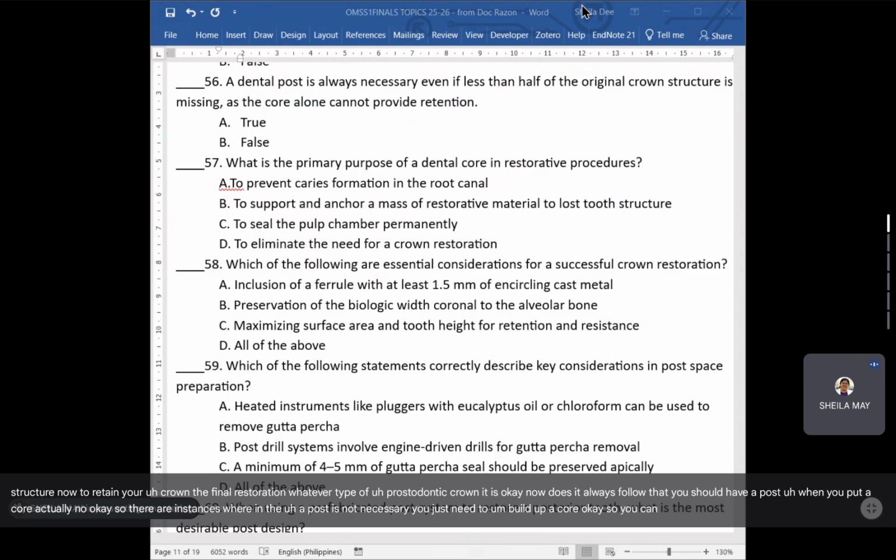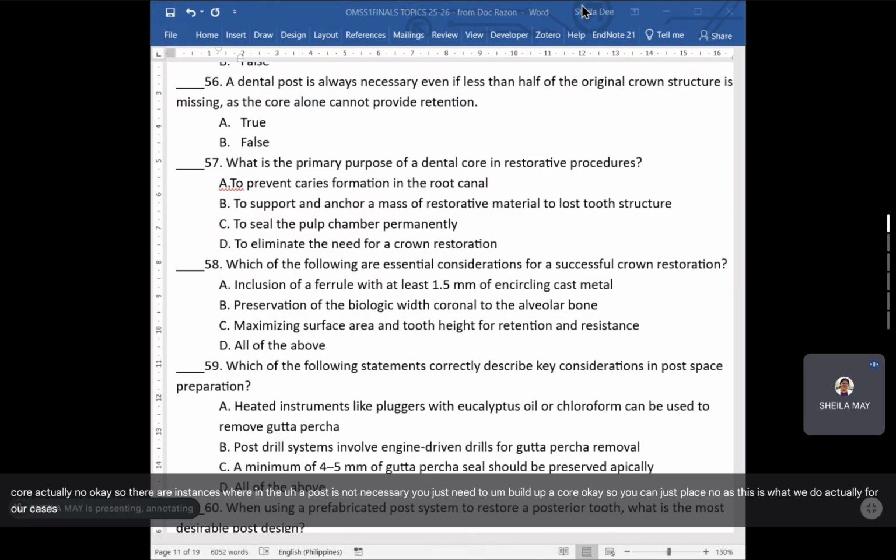This is what we do actually for our cases wherein we just use a final restoration of crown. Some of you, your final restoration for your endodontically treated teeth is just a complete crown, di ba? So the build up, the fact that you built up this tooth, is already the core.